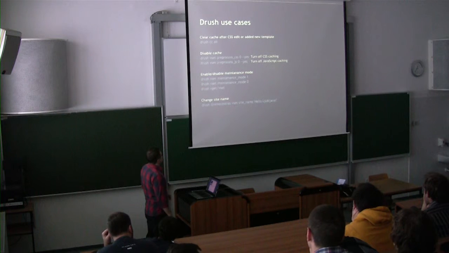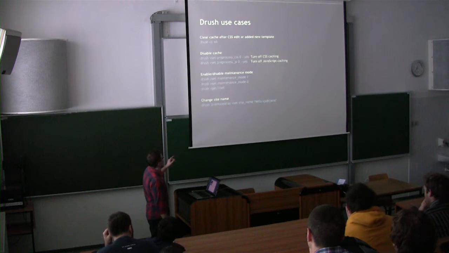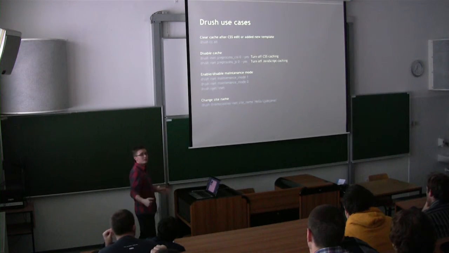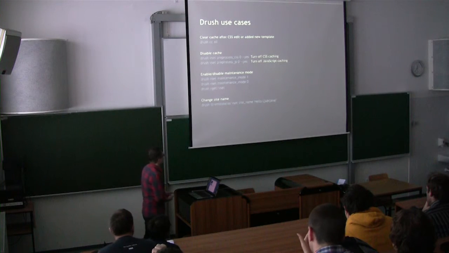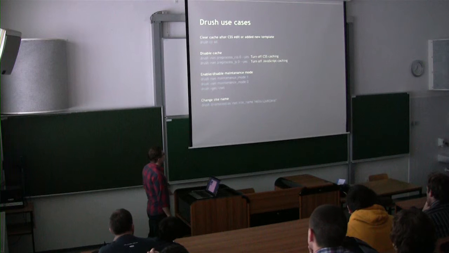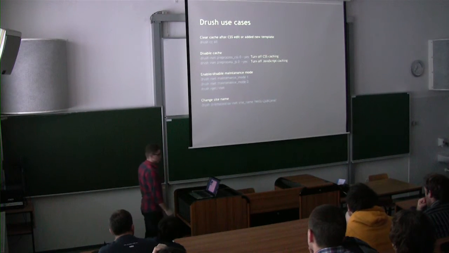So vset is short for variable set. With Drush variable get, or vget, you will see a list of available variables which you can then edit with vset, so set another value for that. For example, you can change the site name easily and not use the browser for it.